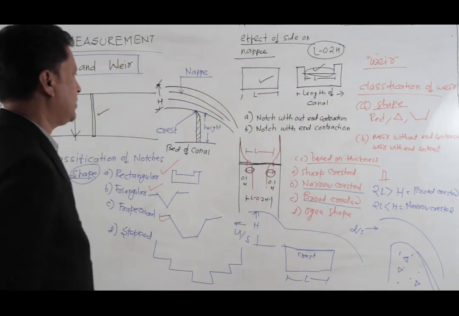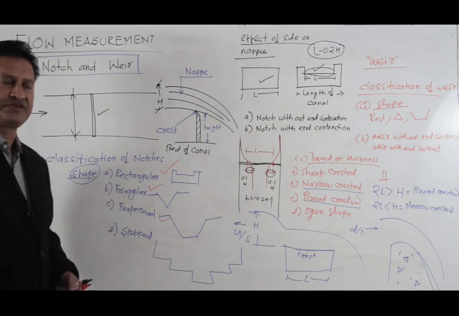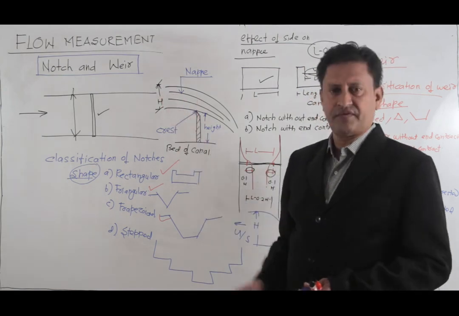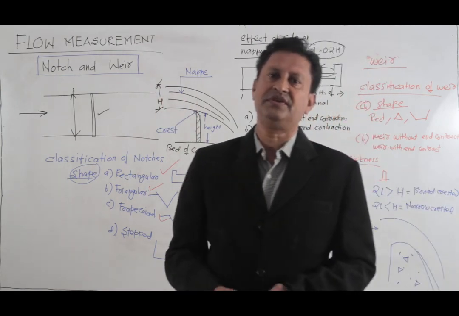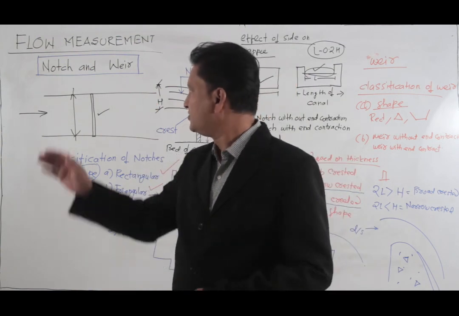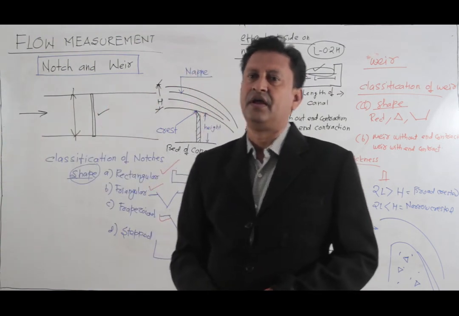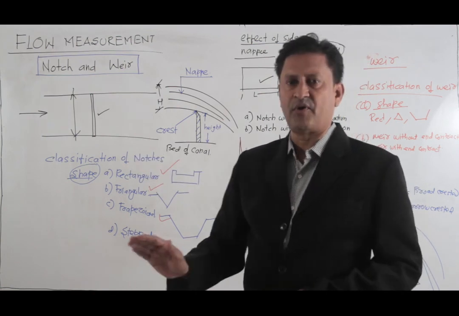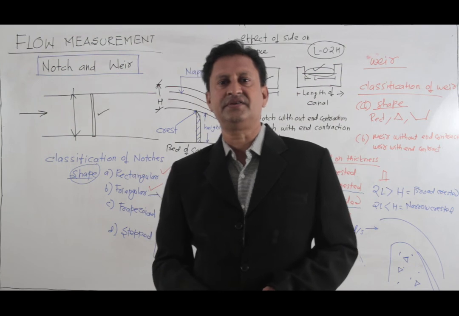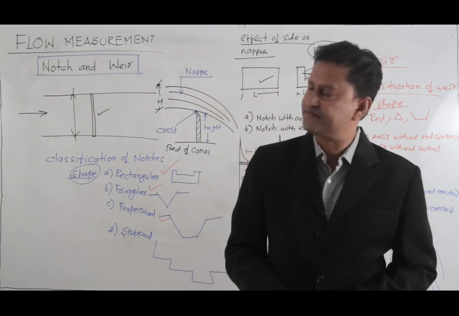So in this video we have seen the theoretical part of the notches and weir. The difference between notch and weir is that notch is of smaller size, hence it is used for the smaller discharges. Weir is of larger size, so hence it is used for the larger discharges. Basically, notch is used in the laboratory for experimental purposes, whereas weir is used to find out the discharge through rivers, canals or streams.